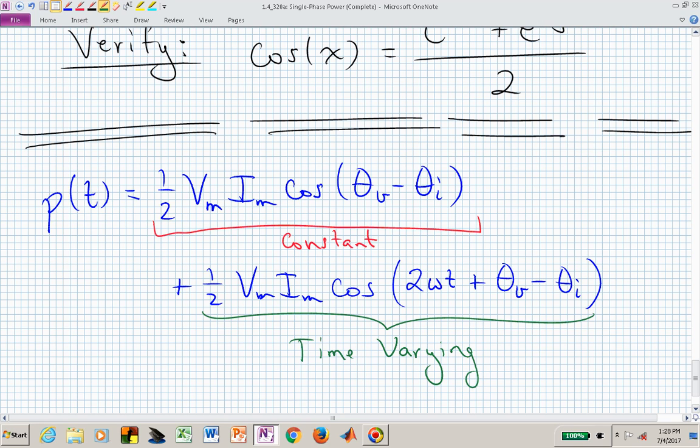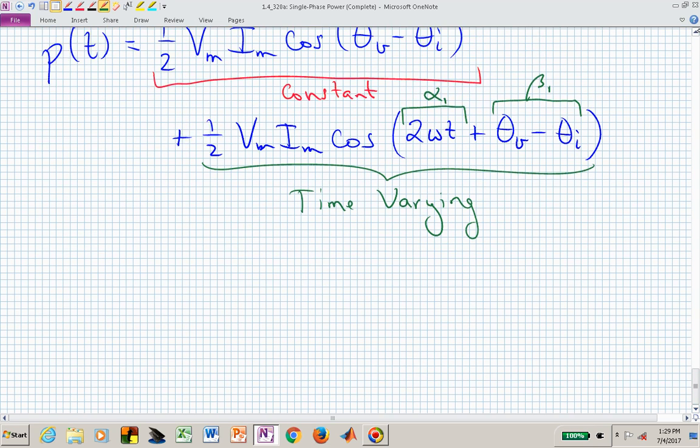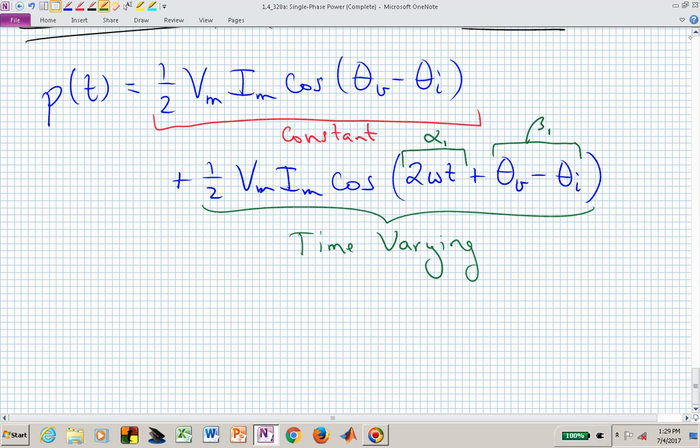Now I want to apply another trig identity. Let me call this piece alpha 1 and this piece of the argument of the cosine beta 1, in the time varying piece of the instantaneous power of a generic element that had a particular voltage and current expression associated with it.